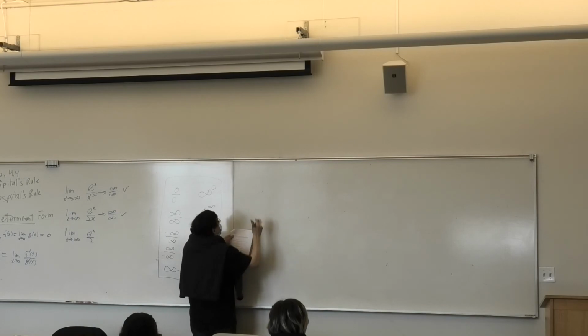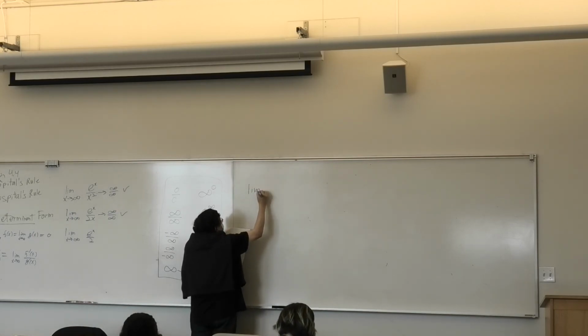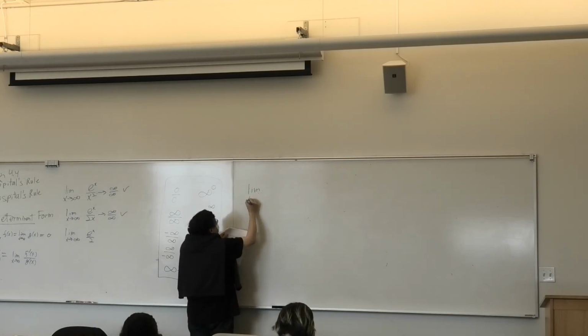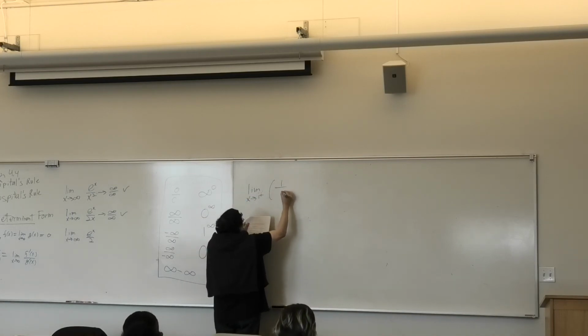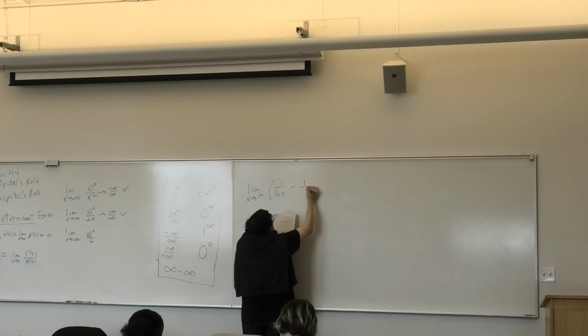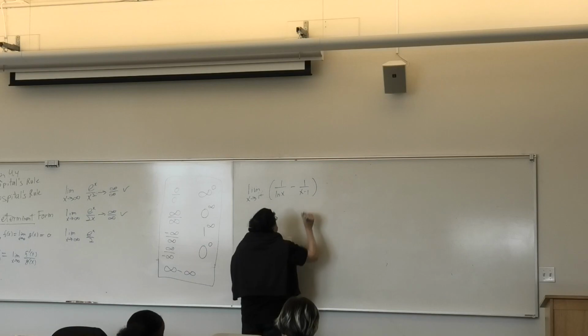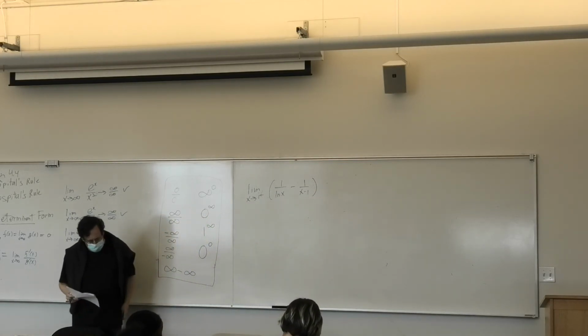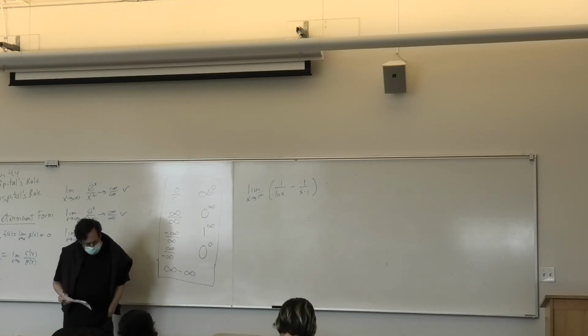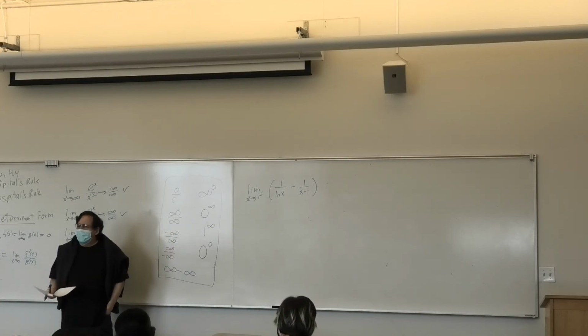So we want to know the limit, again, a one-sided limit, of 1 over log of x minus 1 over x minus 1. I'm going to run out of time.